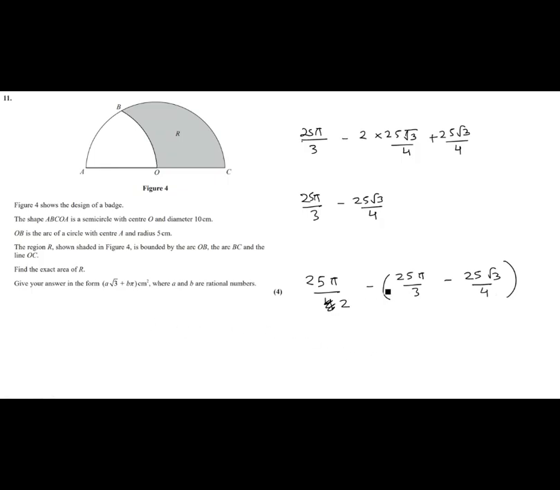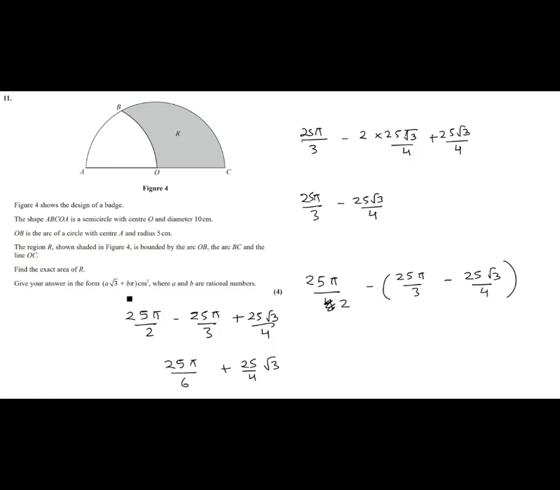So now you can expand the bracket, so it will be 25 pi over 2 minus 25 pi over 3, and minus minus becomes plus 25 root 3 over 4. Now if we simplify this, 25 over 2 minus 25 over 3 becomes 25 pi over 6, plus 25 over 4 root 3.